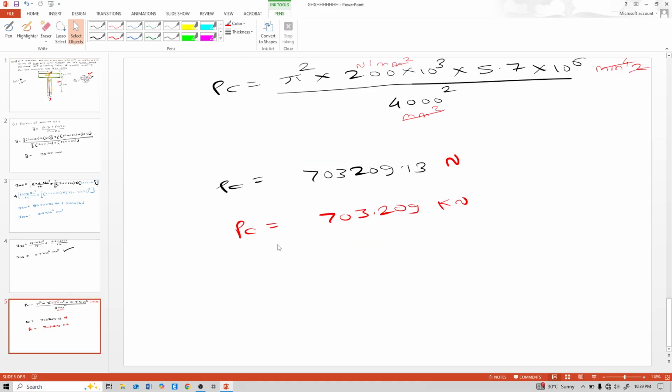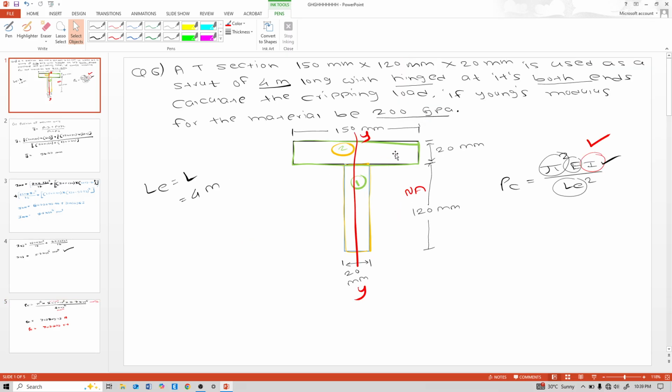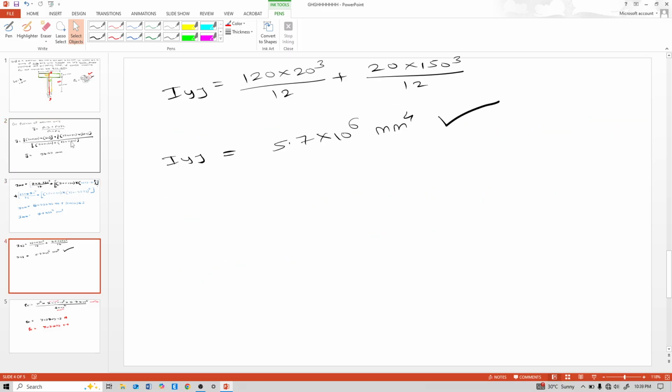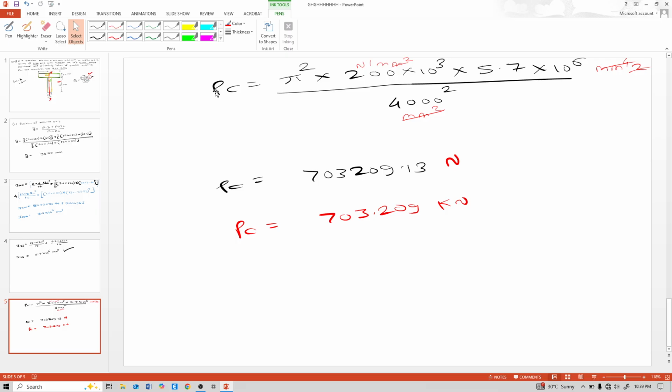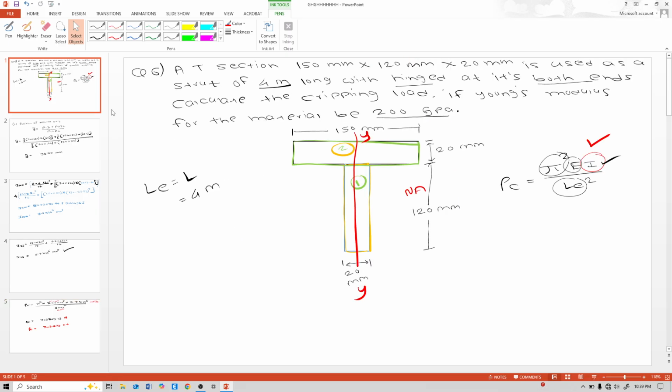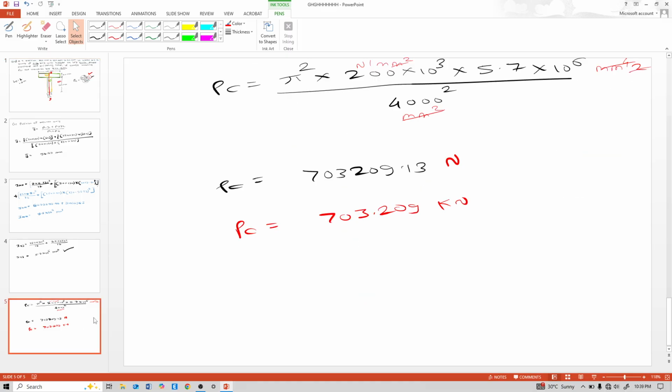So it is a higher load, which means this T section has that strength as a 4 meter strut. Okay, that way our numerical is complete. Only the moment of inertia calculation takes a lot of time, then just putting values in the Pc equation, plus some basic understanding of the theory, that with both ends hinged, the effective length is equal to the actual length. Okay, thank you very much.